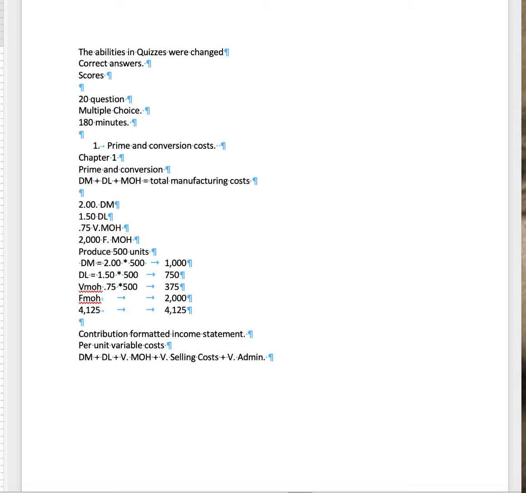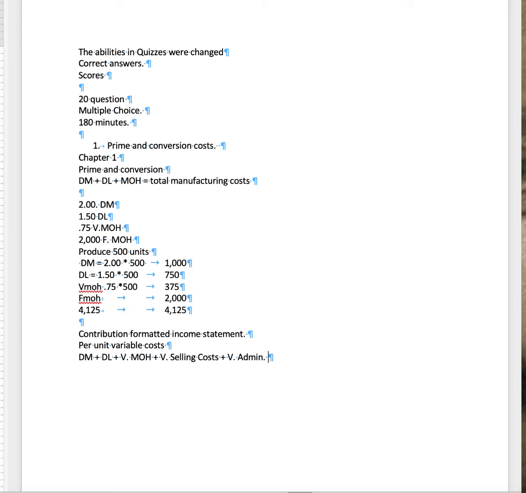I don't care if it's product or period. We're changing our classification here, and we're only going based off of traceability, right? Because we can directly trace it to a specific unit of a product. So that's why they're all going to be variable, okay, or behave in a variable fashion.